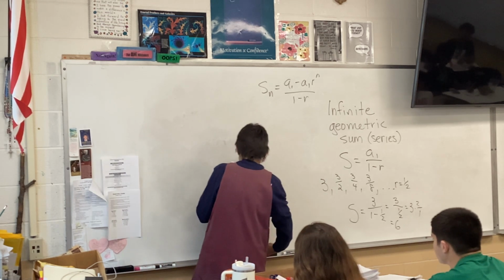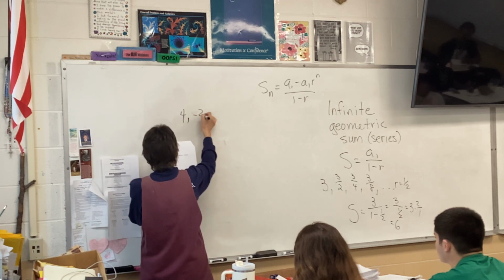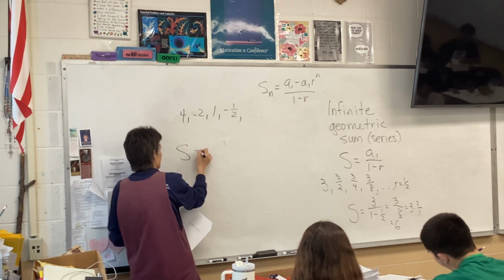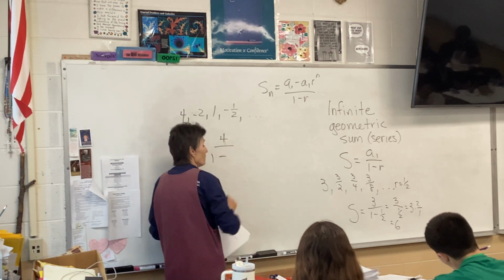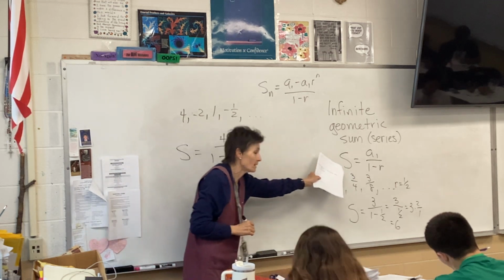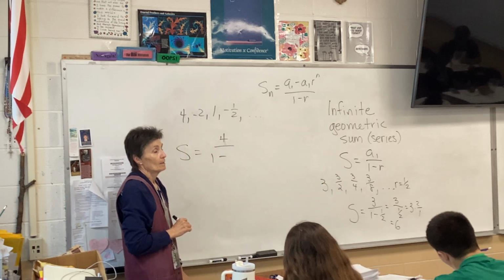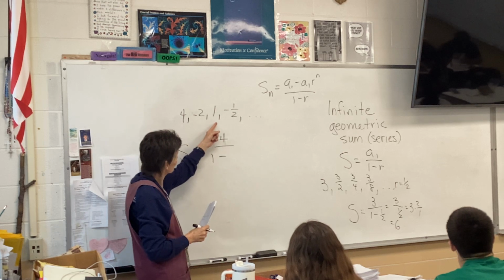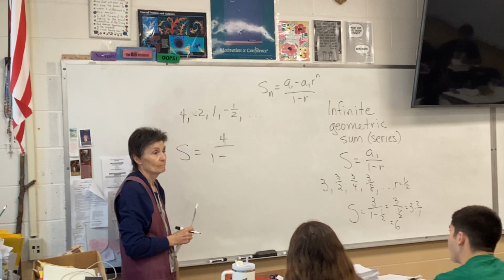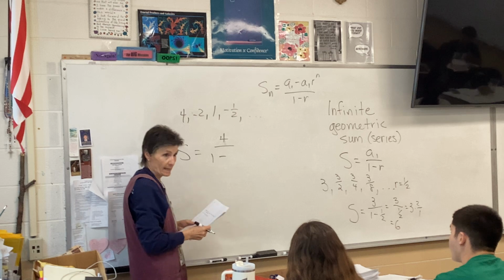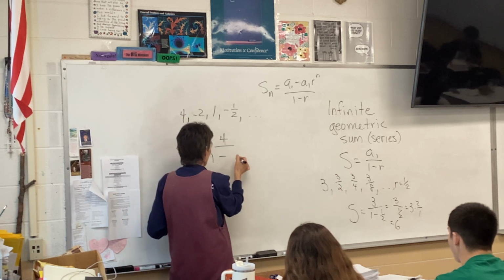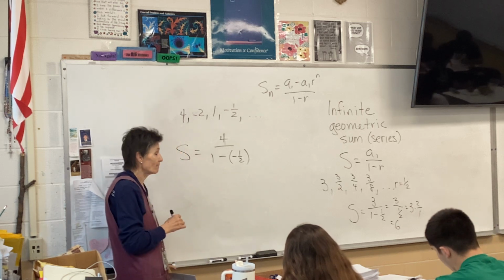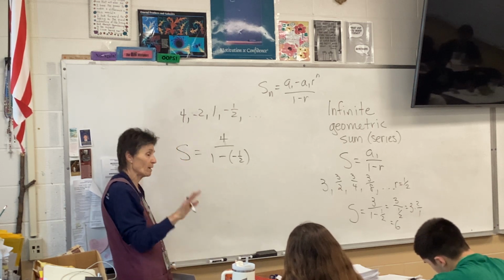All right, here we go. 4, negative 2, 1, negative 1 half. Sum equals first term over 1 minus the ratio. That's my new formula, my last formula. What's R? Negative 0.5 or negative 1 half? It doesn't matter, fractions, decimals, whatever floats your boat.